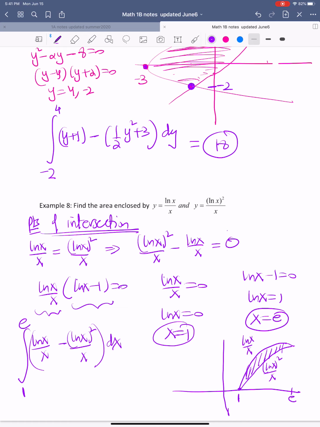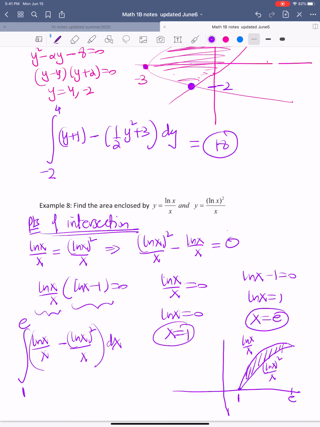You would integrate natural log of x over x using u substitution. In both of these you would need the u substitution, because the derivative of natural log of x is 1 over x dx. So you would just have u du minus u squared du. So use the u substitution in these.